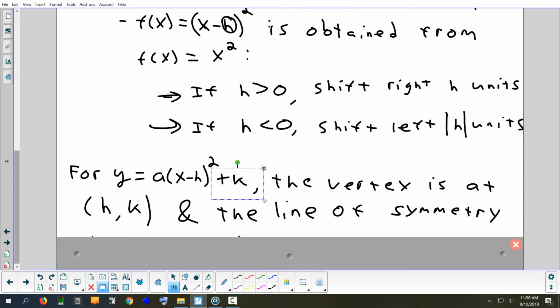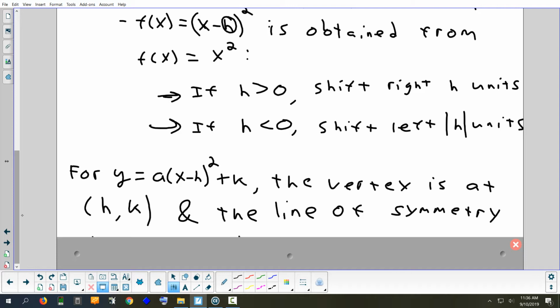Now, out of the h and the k, which one would affect the line of symmetry? Think about how the line of symmetry is normally, and then think about which transformation would affect that. h, yes, shifting left and right. k has no effect on the line of symmetry because the line goes up and down forever.